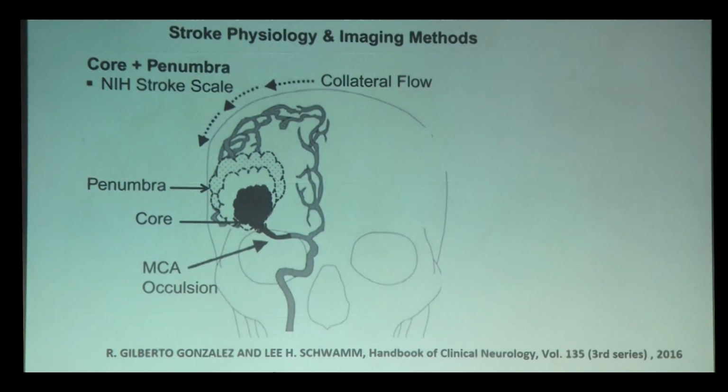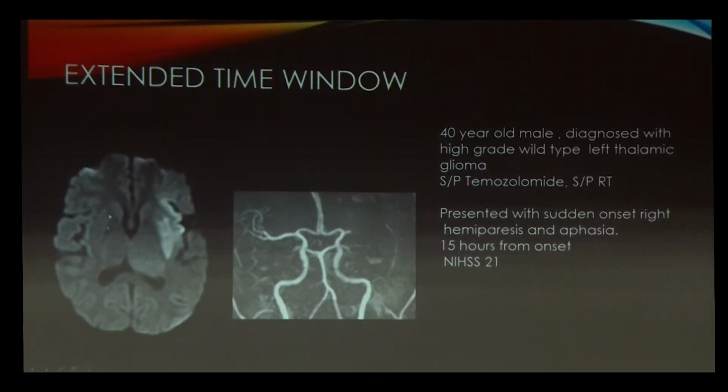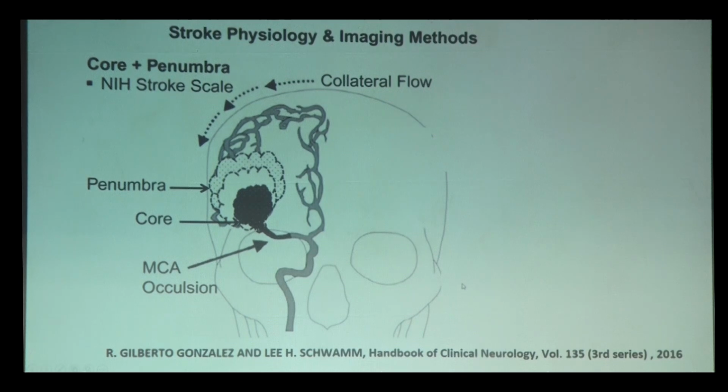In this patient, the core, the infarcted zone, is very small, and it is showing a left M1 occlusion. But the patient's NIHSS is very high, at 21. So there is a clinical and radiological mismatch in this patient, which is one of the criteria for DAWN and DEFUSE. So in this particular patient, we can still go ahead with thrombectomy even beyond 15 hours.